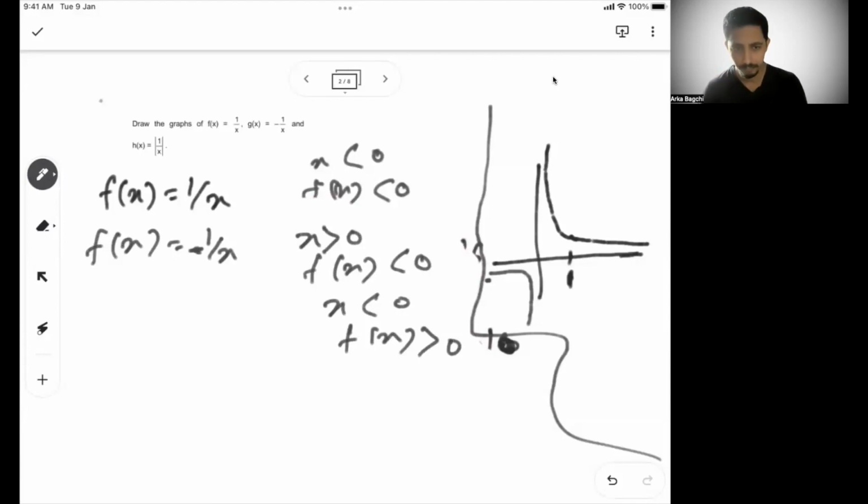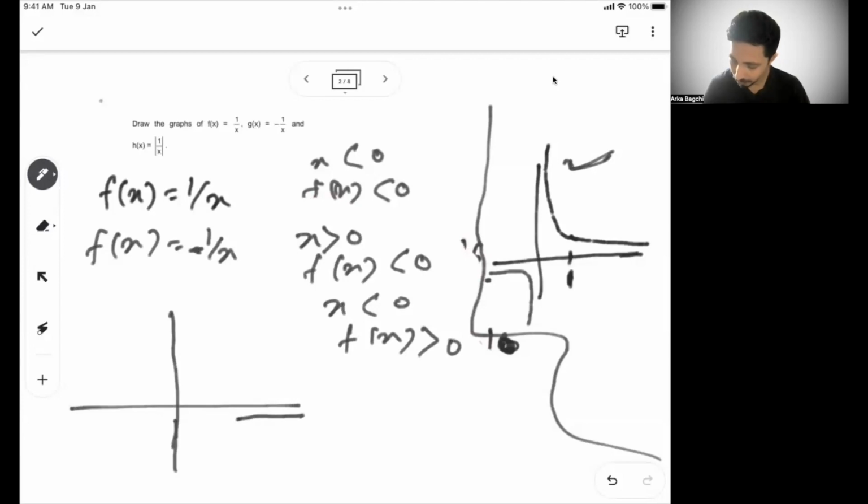So the nature of the numbers between f(x) and x will not change. If I have x greater than 0, my y's are less than 0. So this section will keep coming down like this.